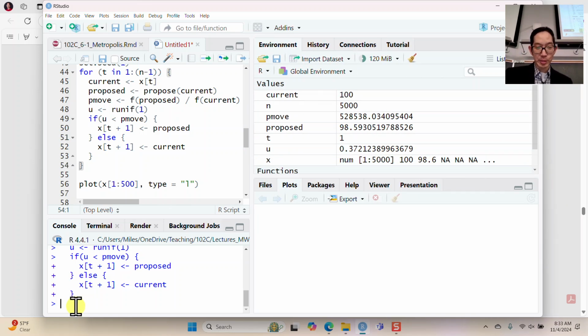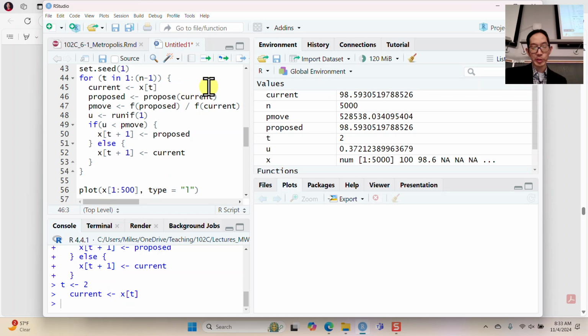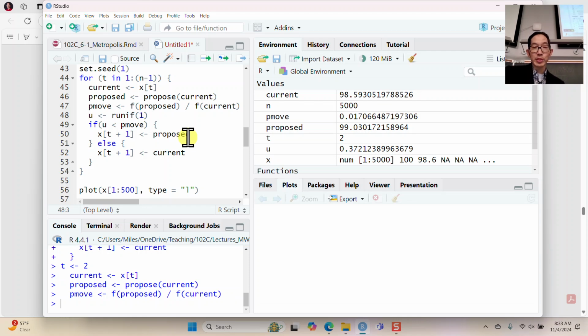Now t is at time 2. My current location is now 98.6, and I propose another location, this time moving away to 99. Should I move to 99? The probability of moving to 99 is not 0, but it's a pretty small number, 0.017.